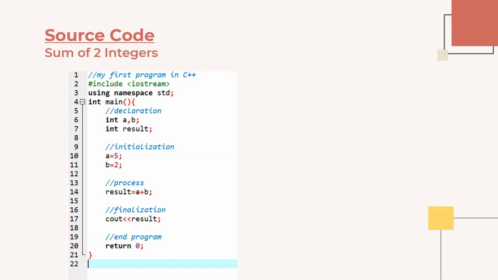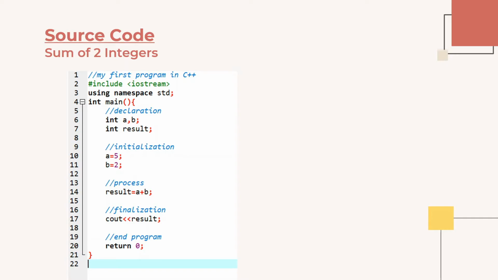First we need to declare the variables that are used to process the sum of two integers, that are a and b. The type of data used in variable a and variable b is integer. We also declare the result variable to store the sum result.